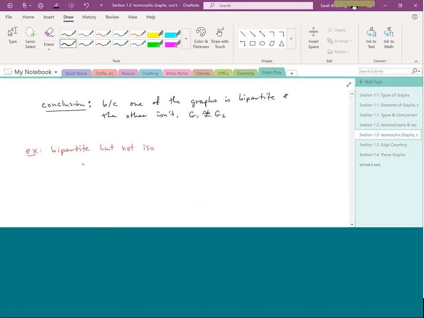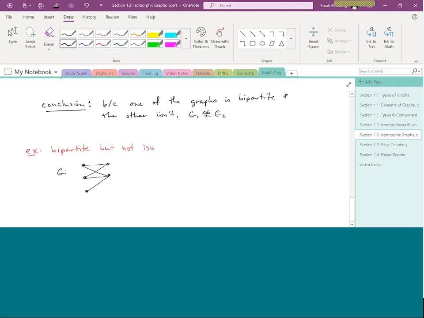So suppose you have somebody like this. I really like it like that, I have to be honest. So suppose something like that, okay? So this is almost a complete bipartite graph on 3 and 2 vertices. So this is G. There's a couple different ways that you can have bipartite graphs that are not isomorphic.